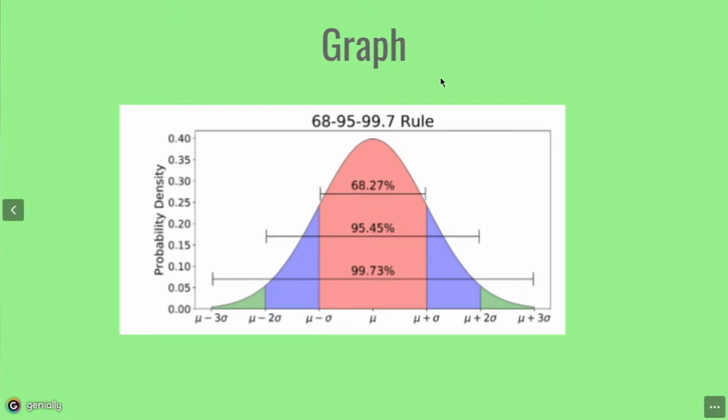If we see this rule in detail, a standard deviation from the mean on the right plus a standard deviation from the mean on the left should contain 68% of our data. Similarly, if instead of one standard deviation you use 2 standard deviations, you should include 95% of your data.